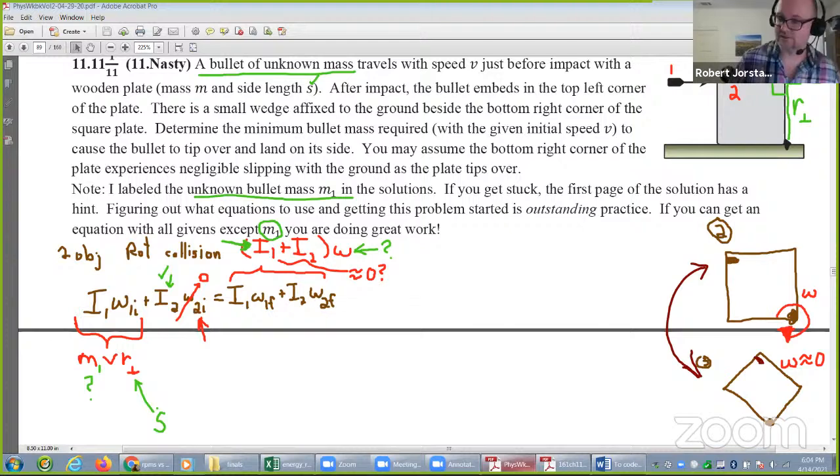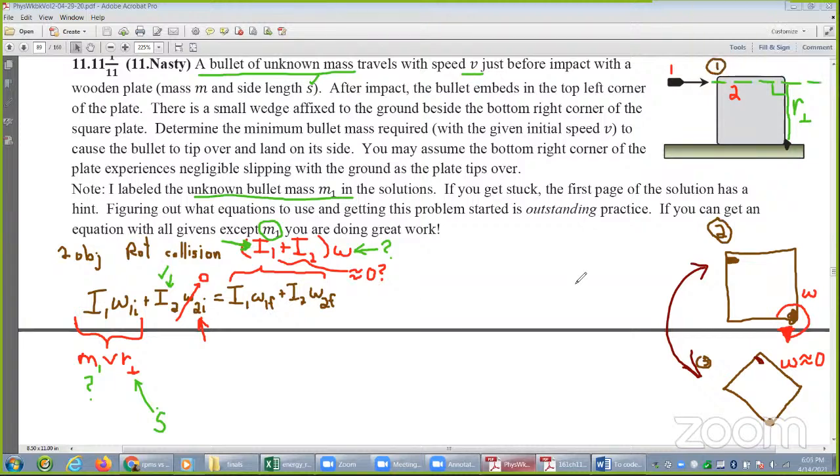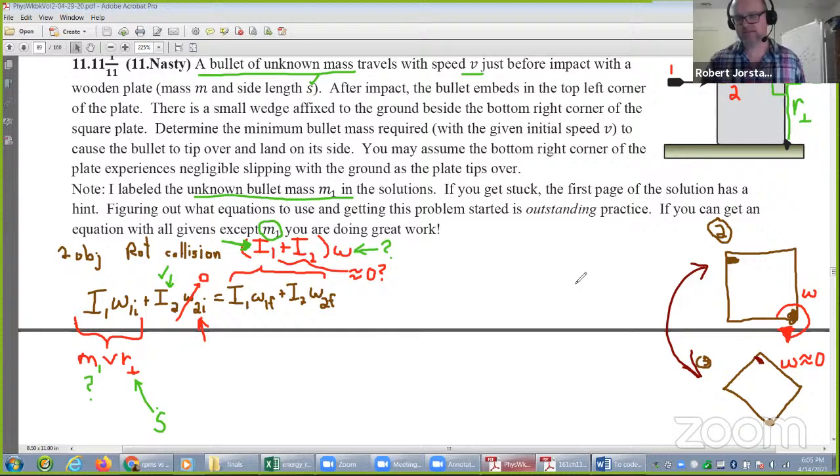Is there a conservation law I could apply? Does it look like angular momentum is conserved? Initially, at the start of stage 2, does it have angular momentum? At the start of stage 2.